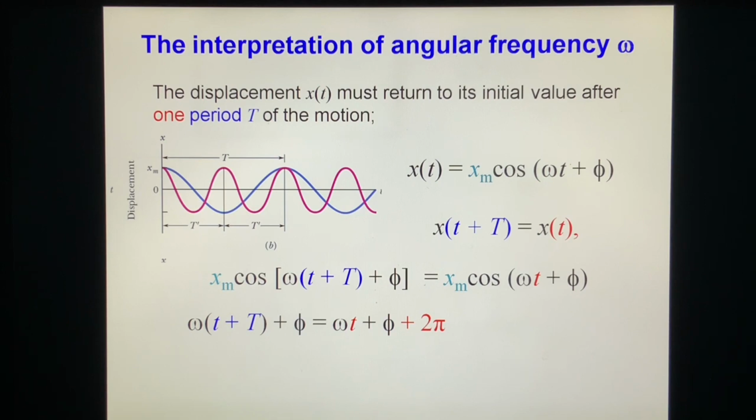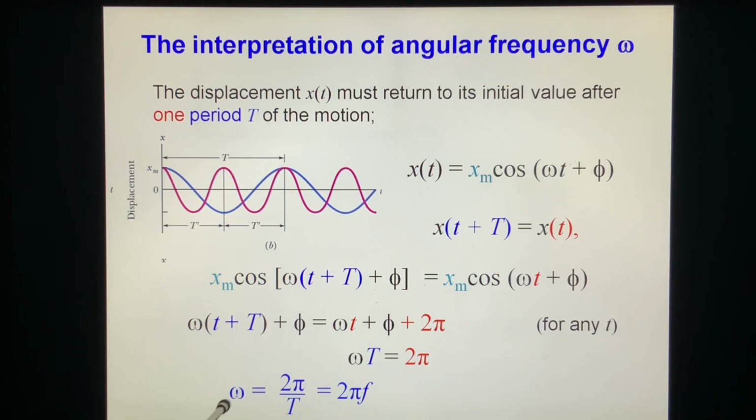We take n equal to 1 because it's the shortest time. So we cancel out phi and get omega T equal to 2 pi. In other words, omega is 2 pi over T, or T is 1 over frequency, so this is equal to 2 pi f.